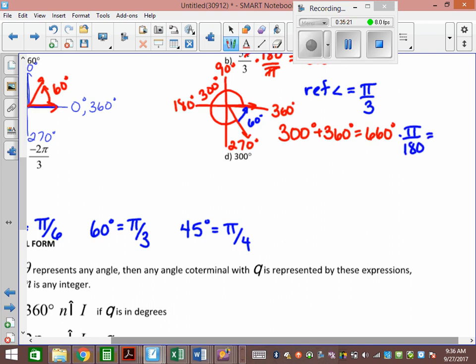So 660 divided by 180 is what? 11 pi over 3. And then we can go the opposite direction. 300 minus 360 equals negative 60. And negative 60 is negative pi over 3.